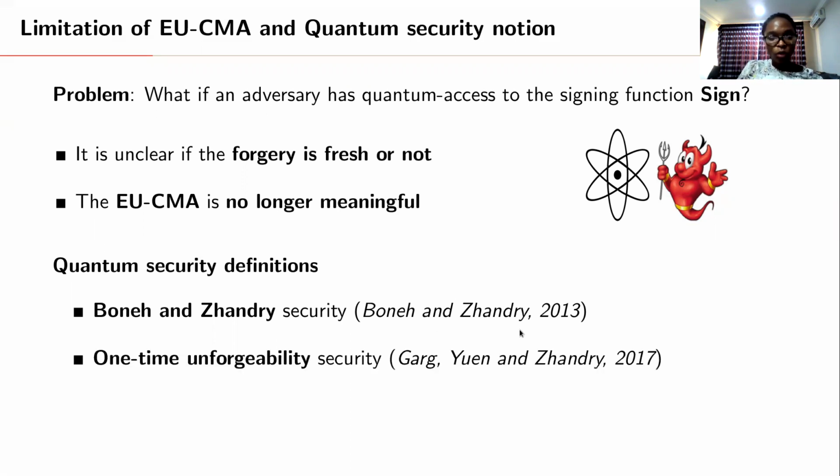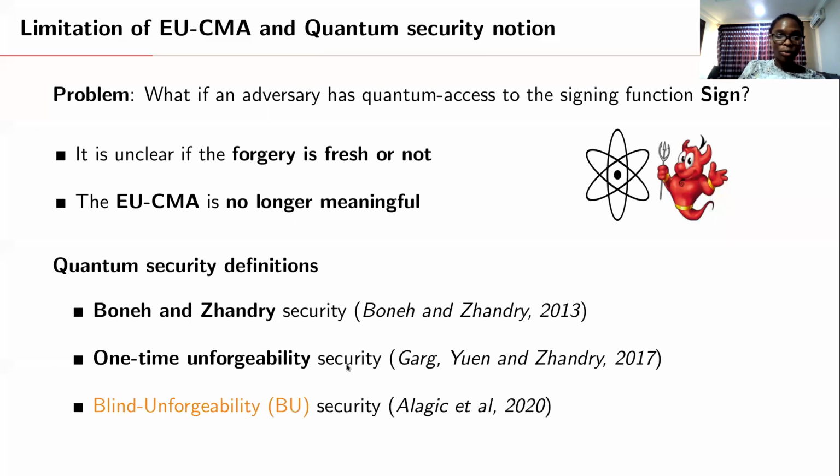Then we also have one-time unforgeability, whose main goal is to translate quantum attacks to classical attacks, and this is only for one query. And then we have the blind unforgeability notion of security.